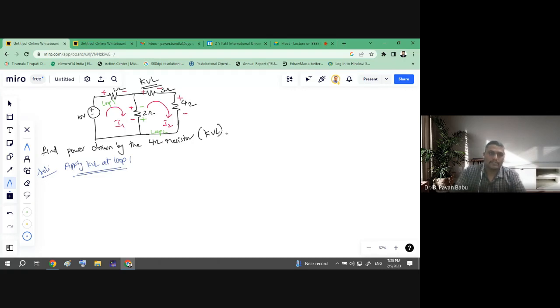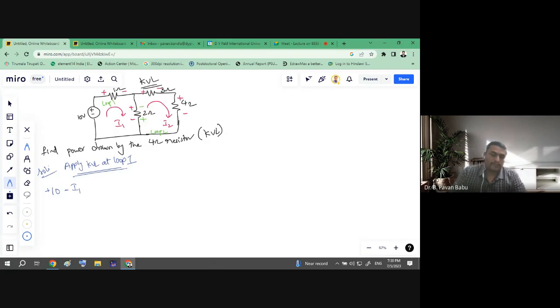So apply KVL at loop 1. The first source is 10 volts. Since it is from minus to plus, obviously the polarity is plus. Next, coming to this resistor, what is the polarity here? It is a potential drop, so minus. What is the voltage across the resistor? I into R. We don't know the current value, so obviously it will be I1.